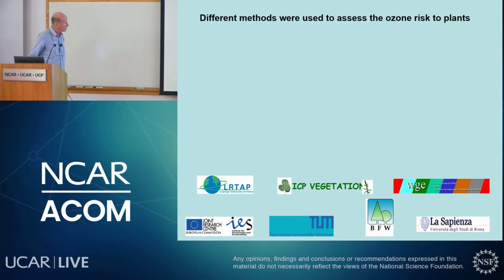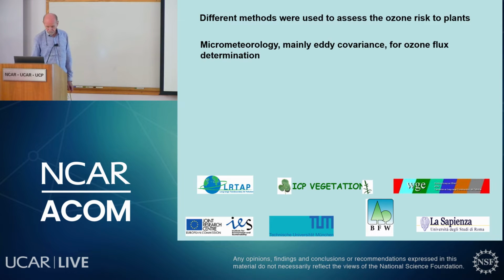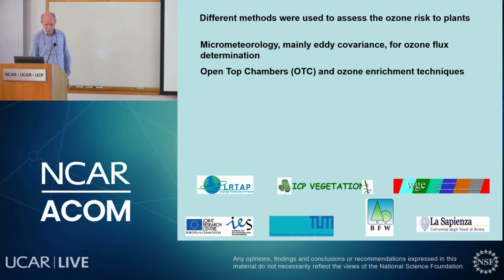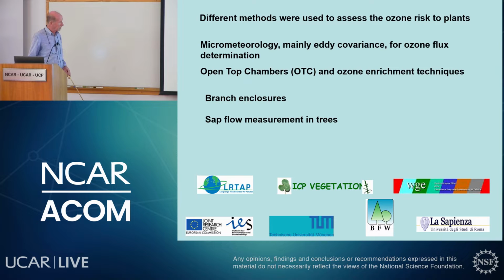So we use different methods to assess the ozone risk to plants: micrometeorology, open-top chambers, branch enclosures, and also sap flow measurements in trees. We will explain that now.